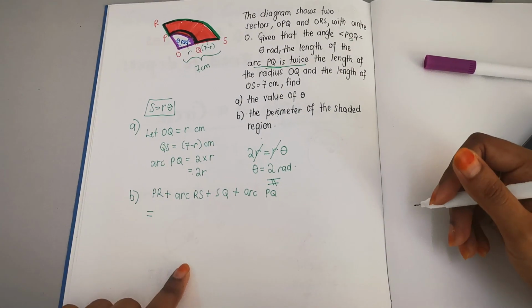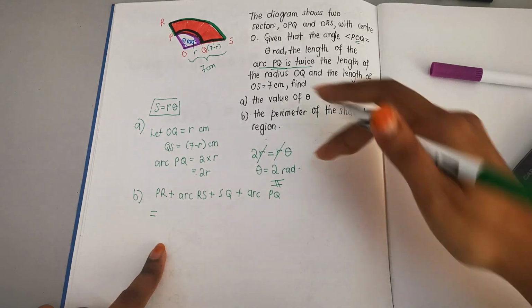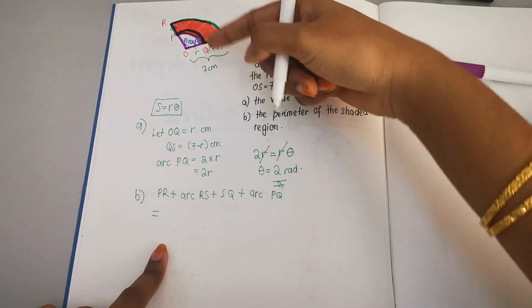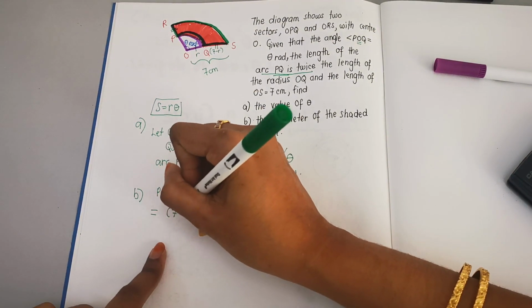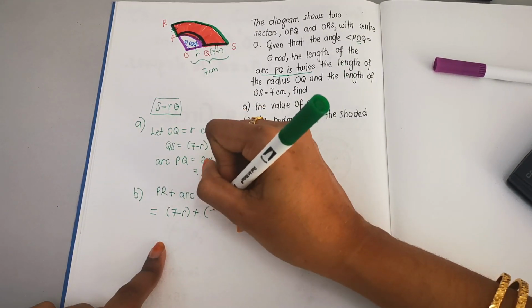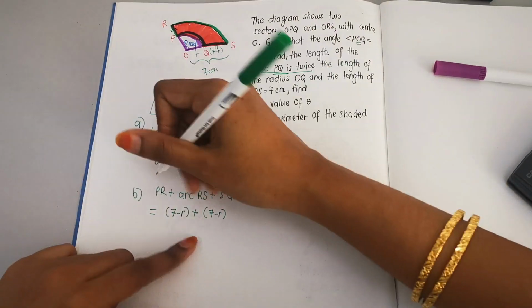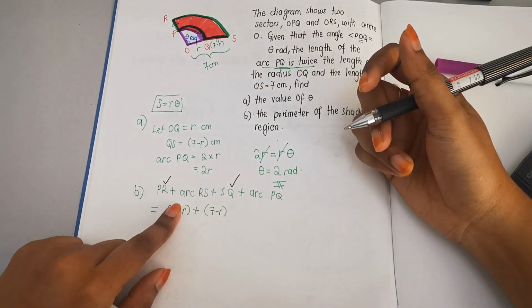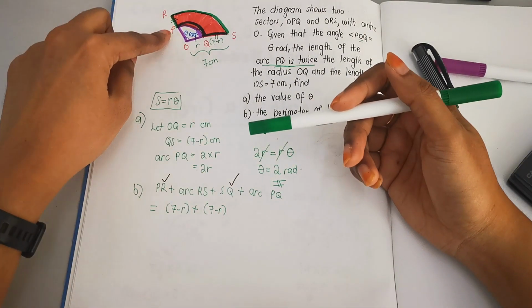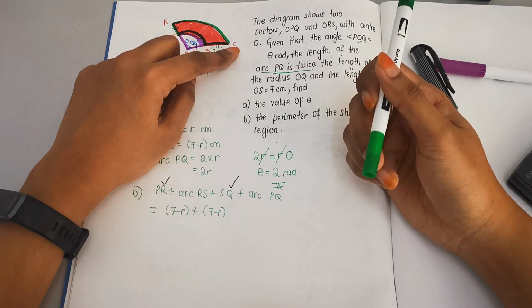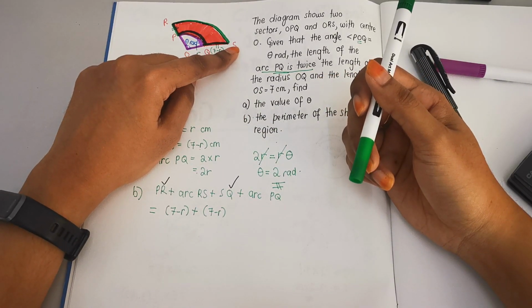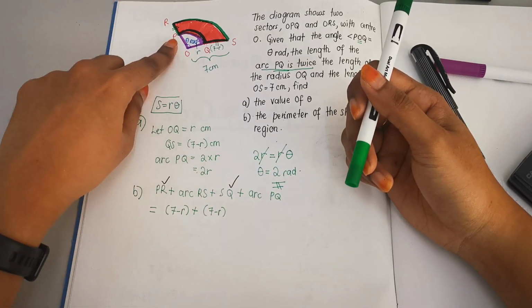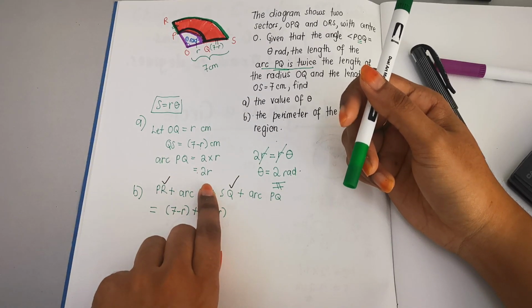Do we have the value of PR? PR here is the same as QS. Both have the same value, so I'm just going to write 7 minus r plus 7 minus r, for PR and SQ, both found already. Before arc of RS, can we write down the arc of PQ, which we already found, which is 2r.